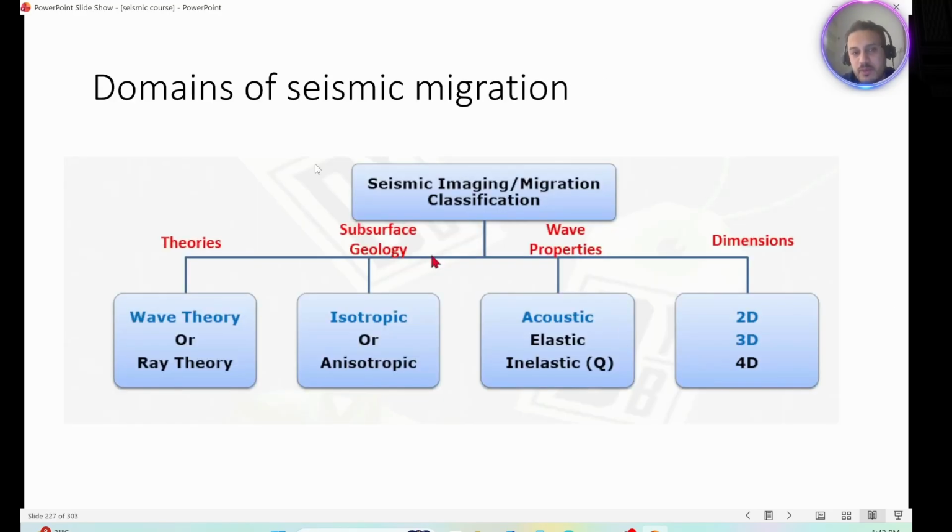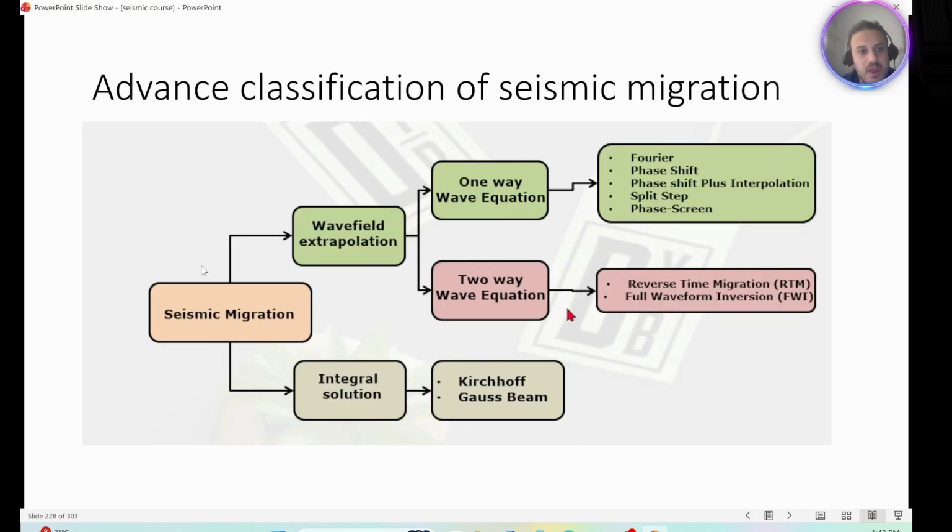We have different types of domains of migration. One is wave theory or ray theory, and in the case of subsurface geology we have isotropic or anisotropic. In the case of wave properties we have acoustic, elastic, and inelastic, and in the case of dimensions we have 2D, 3D and 4D. So the advanced classification of seismic migration: we have wave field extrapolation and integral solution.